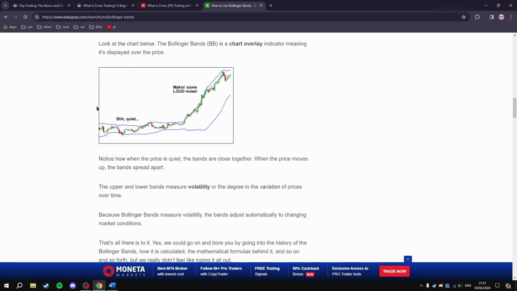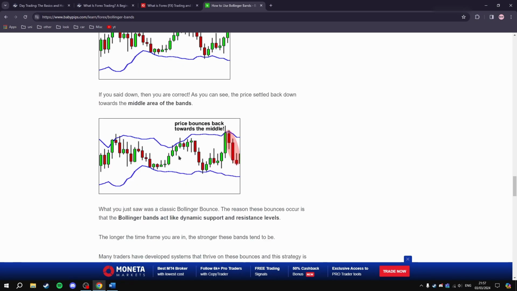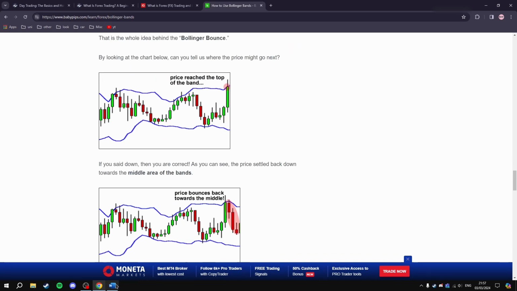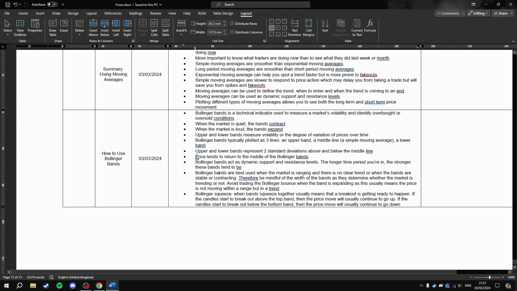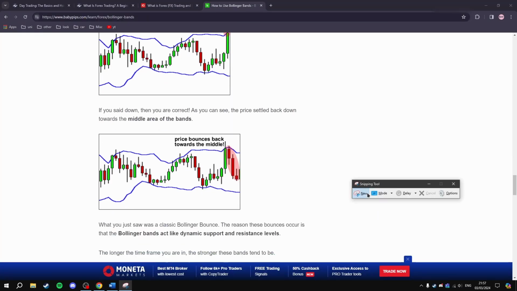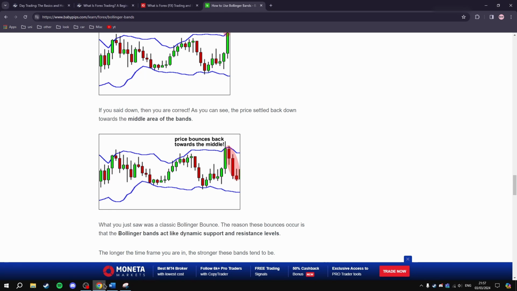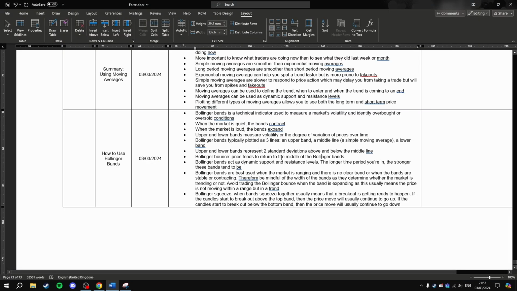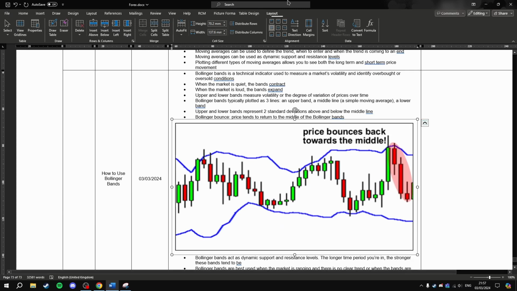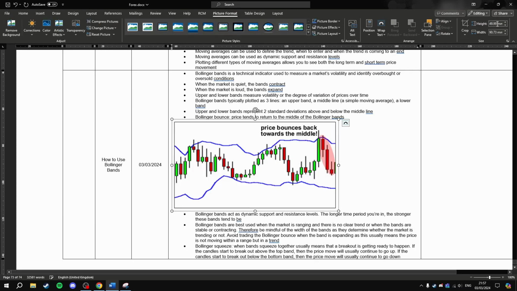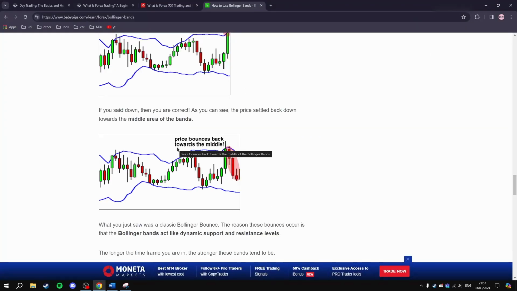So where does it say the Bollinger bounce? The Bollinger bounce is, price tends to bounce to the middle of the Bollinger Bands. Good photo of this. What else?